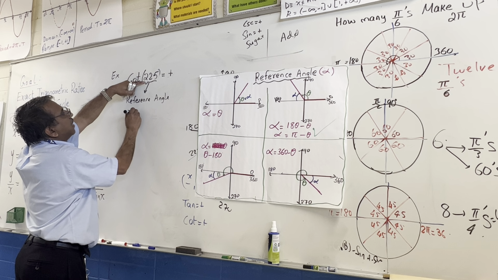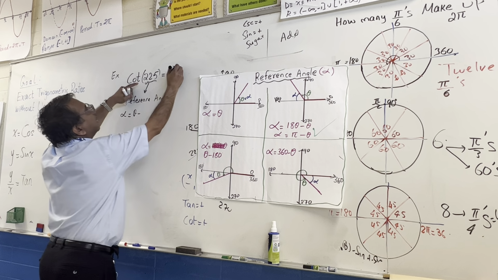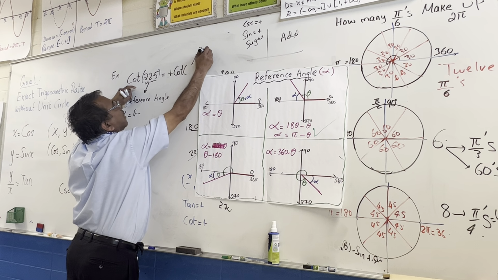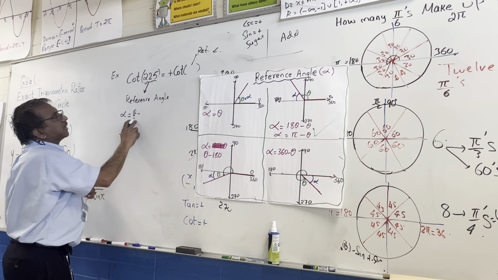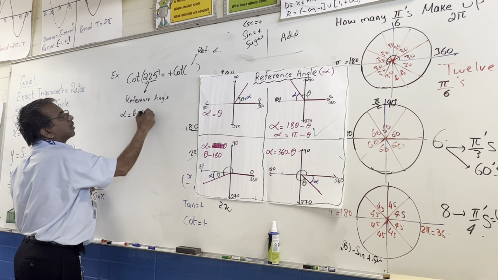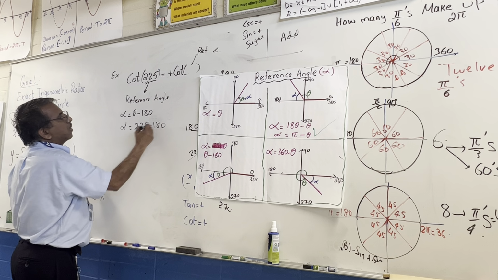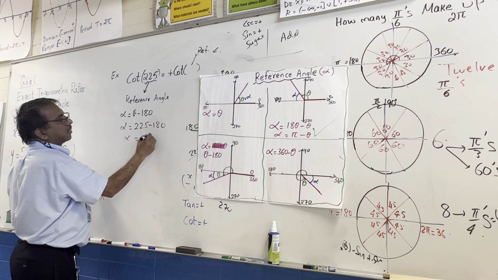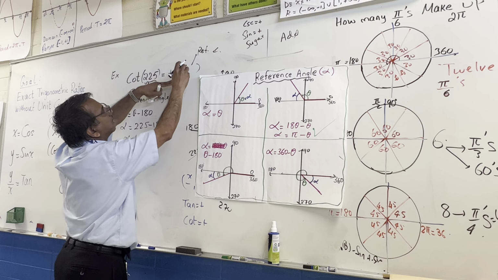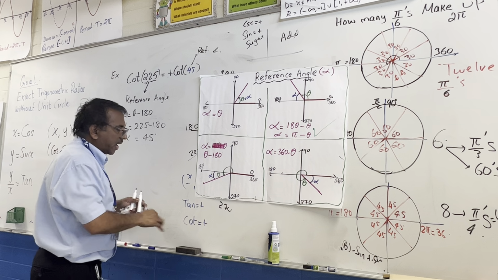So we need to write cotangent of the reference angle, theta minus 180. In this example, it is 225, and you already know the answer, which is 45 degrees. So this turns out to be plus cotangent of 45.